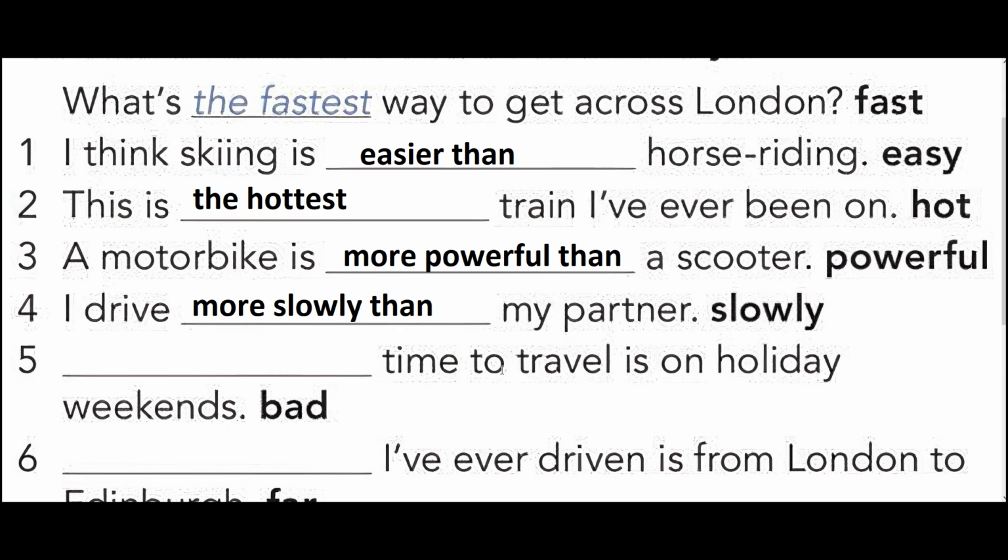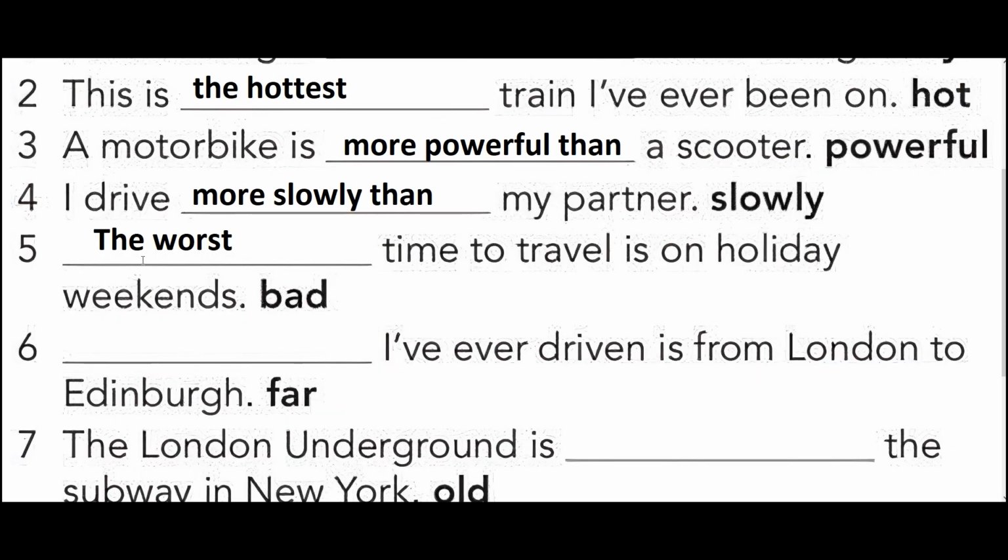Number 5. Time to travel is on holiday weekends. I think here is the worst. Next is far I've ever driven is from London to Edinburgh. Here is about physical distance, so the farthest I've ever driven is from London to Edinburgh.